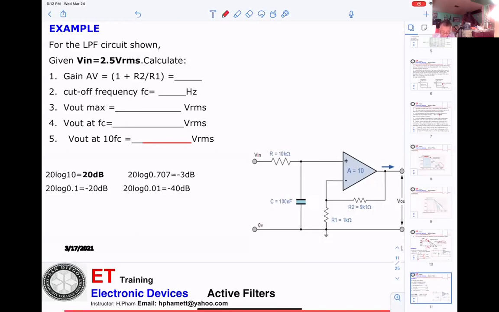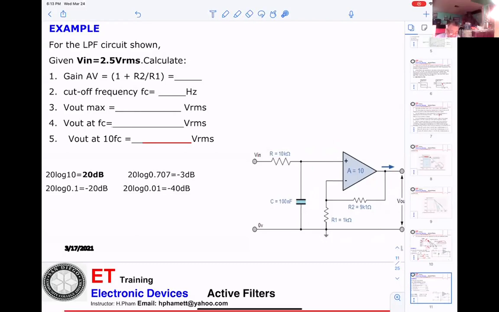What is the name of the circuitry used to build the filter? What is the configuration? You know this circuitry here. It's using non-inverting.